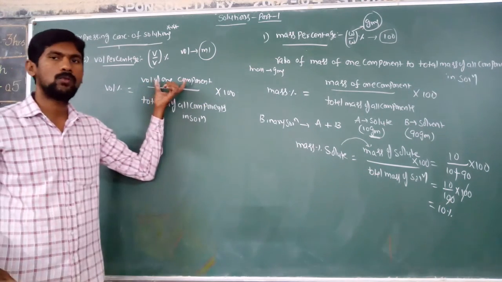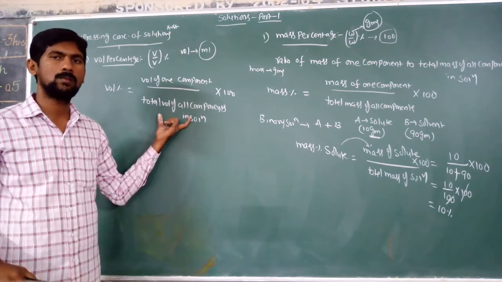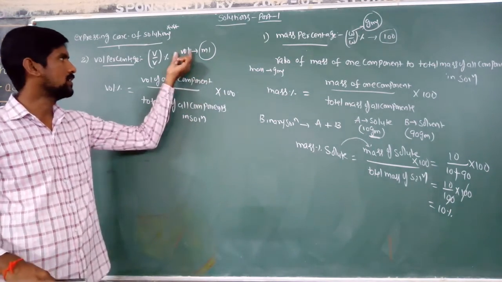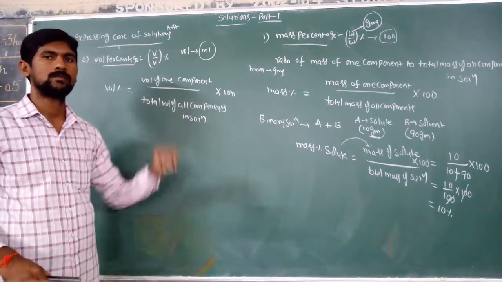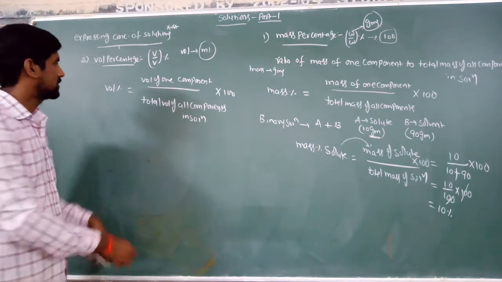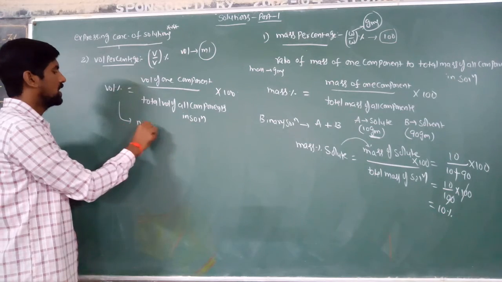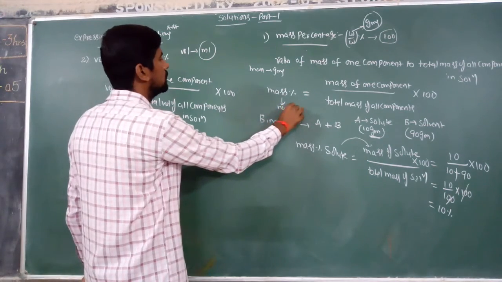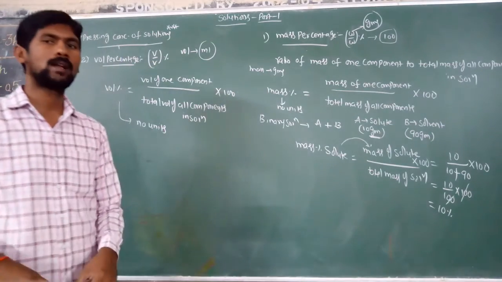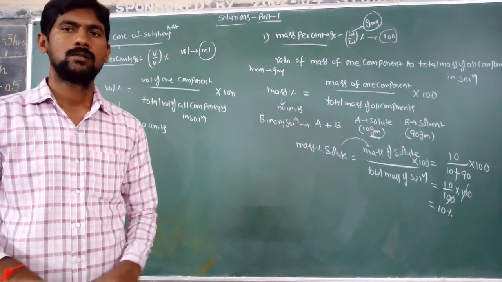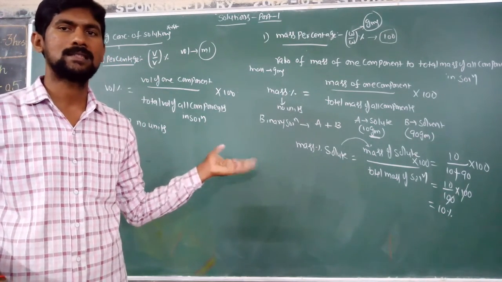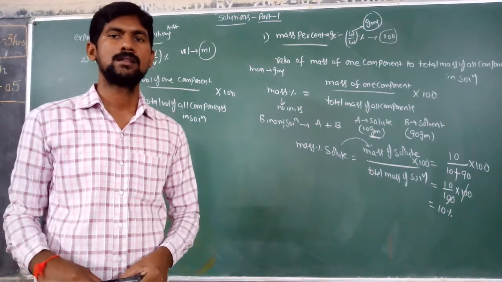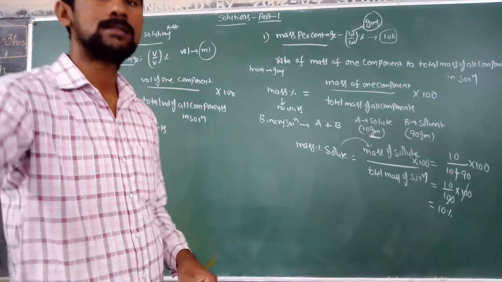Volume is always measured in terms of ml, so this has no units. Volume percentage and mass percentage have no units, because in both numerator and denominator we have only their masses, or volumes. So both cancel, no units. Mass percentage and volume percentage both have no units.